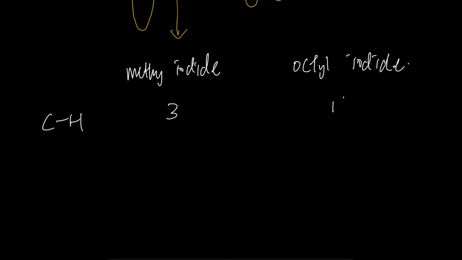In octyl iodide, you have 17 C-H bonds. So in octyl iodide, you see a more intense absorption band for C-H because you have a greater number of C-H bonds. Compared to methyl iodide, it could be less intense.